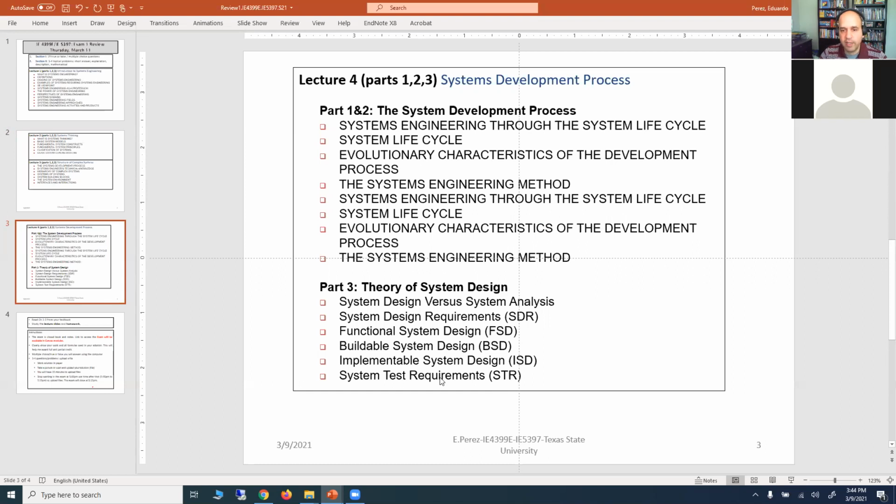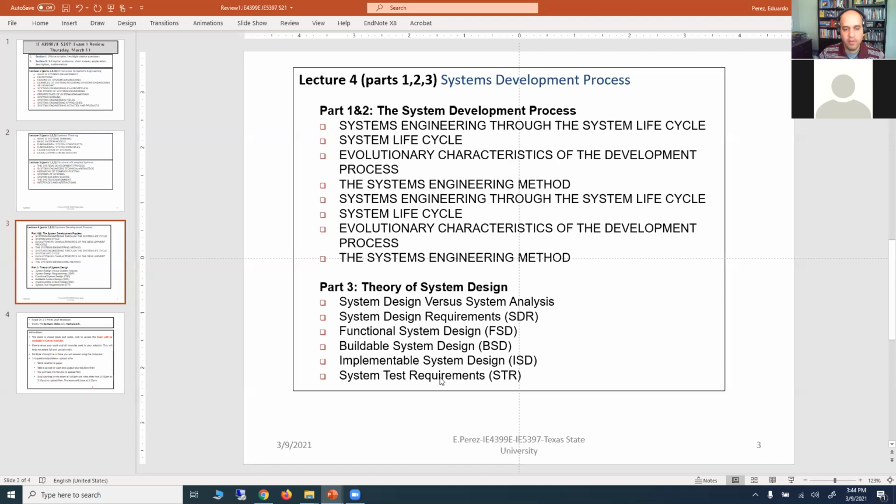So how they connect, that's important. So that's bullet number 5, systems engineering through the system lifecycle model. The evolutionary characteristics of the development process, and finally, the systems engineering method.